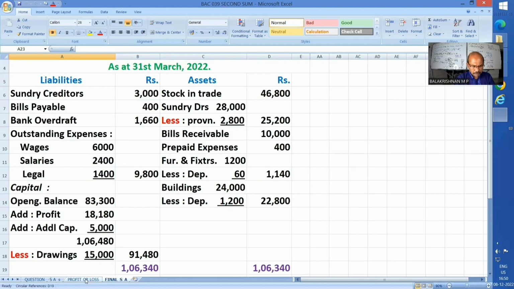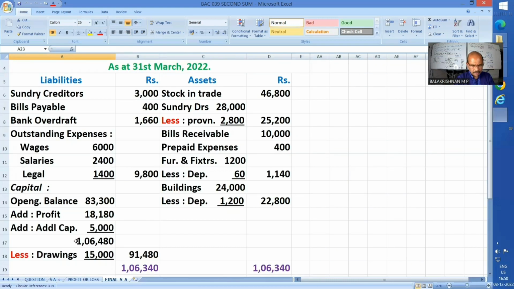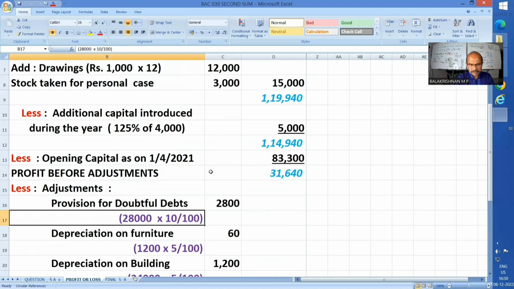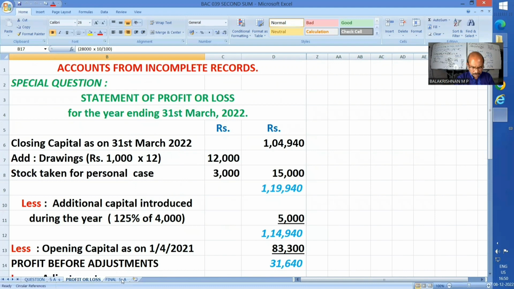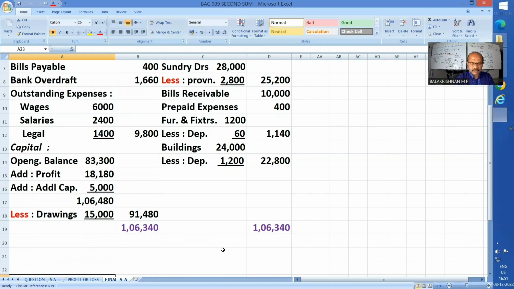Profit, how much did we arrive at? 18,180. Add it. Add additional capital, 5,000, and minus drawings, 15,000. So 91,480 is the latest capital, and both sides tally.